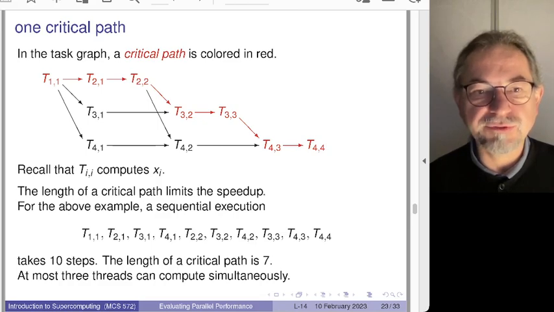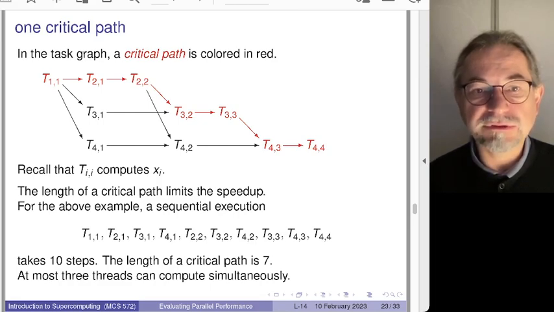That gives you the length of the critical path, and you compare with the sequential execution. So you see the nodes that are in red.